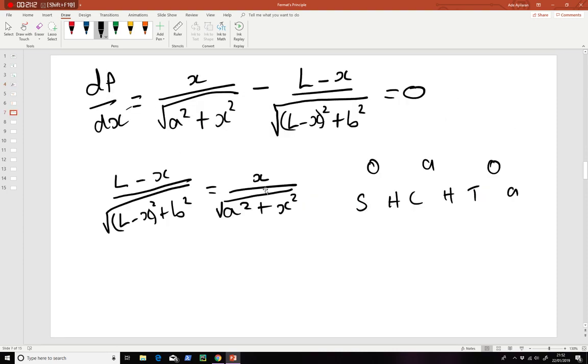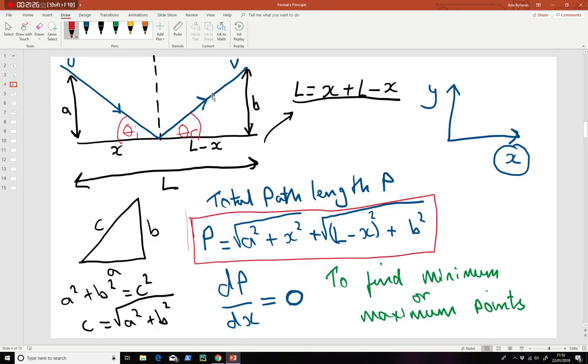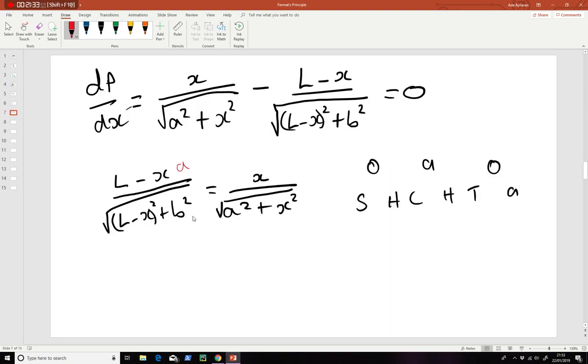So in red pen, I'm going to call that the adjacent. L minus x squared plus b squared, all root, happens to be the hypotenuse of this triangle, so I'm going to write down an h there. Now, if we come to this expression, x, what is x with respect to the angle?